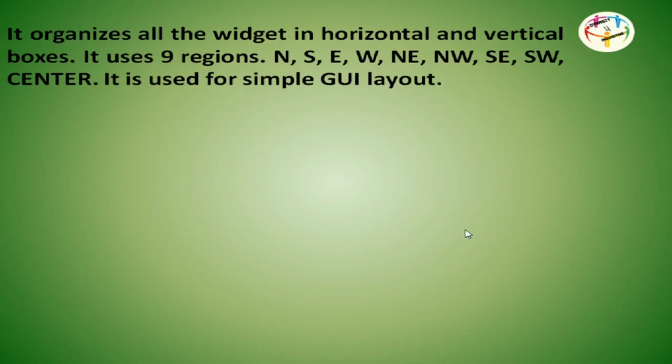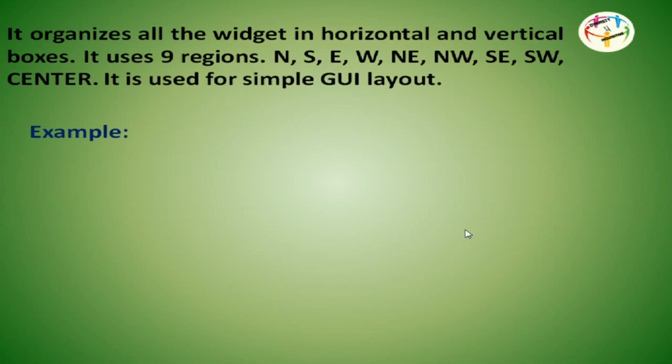So we can say that it basically arranges all the widgets in vertical or horizontal boxes, and it is mainly used for simple layout design. For complex layout design it is not used.